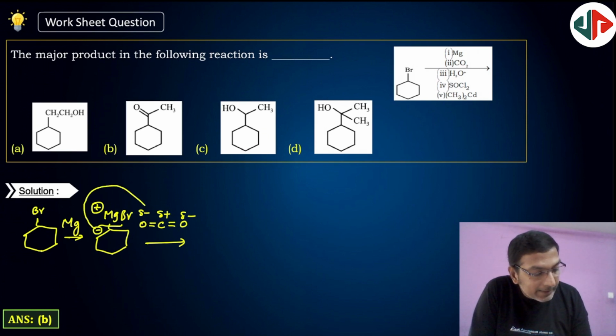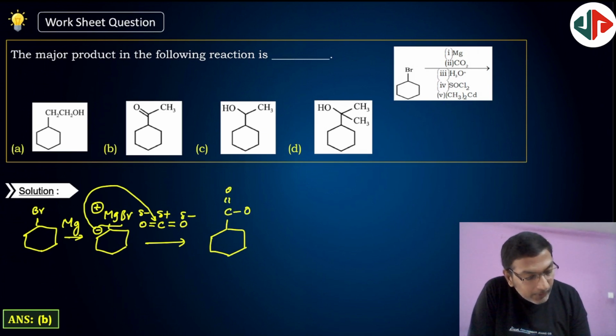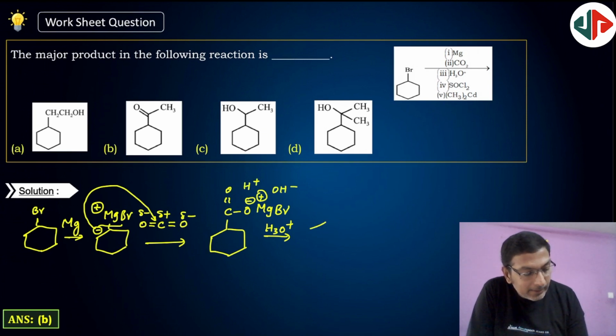This minus attacks the electron deficient carbon. So there is a linkage with C double bond O minus, MgBr plus intermediate compound, which on hydrolysis, adding H plus and OH minus, will give COOH.